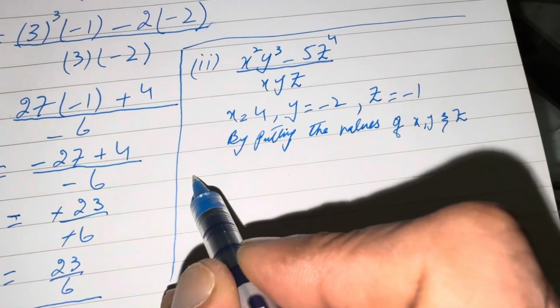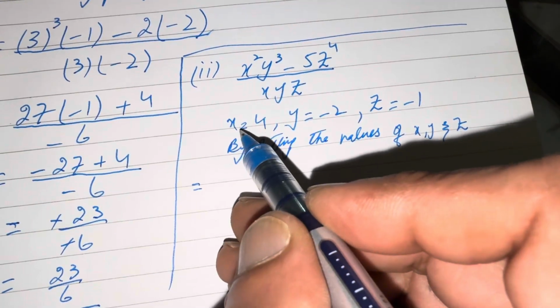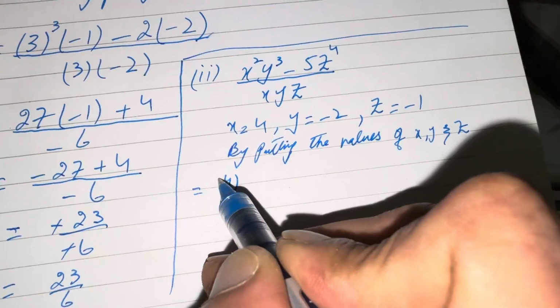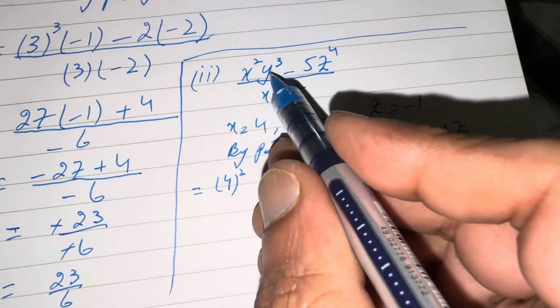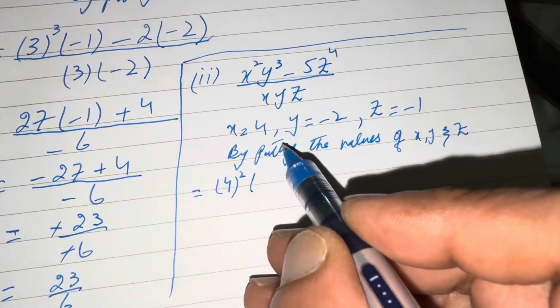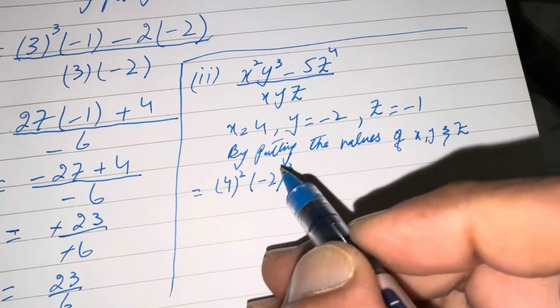So let's start by putting the values. x square है, x की square की जगह पे आप 4 put कर देंगे, then 4 raised to power 2. Then y cube, and y is given as minus 2, so minus 2 raised to power 3.